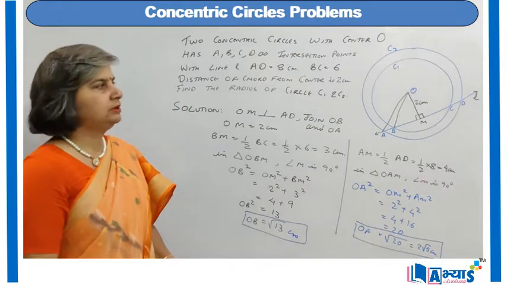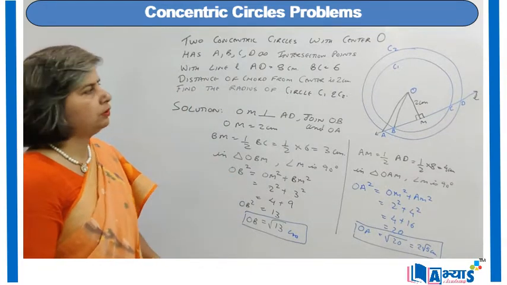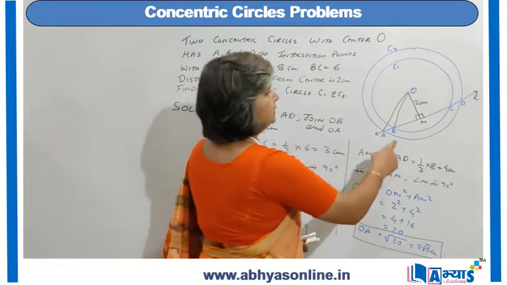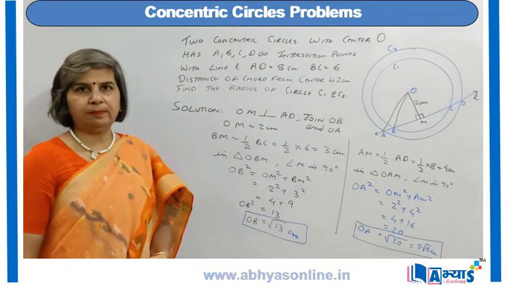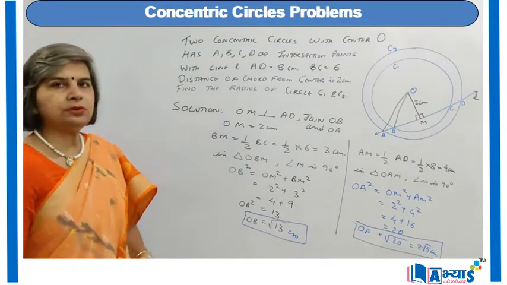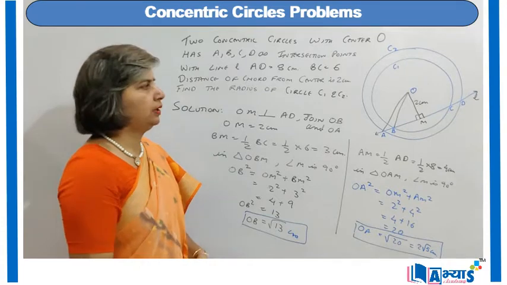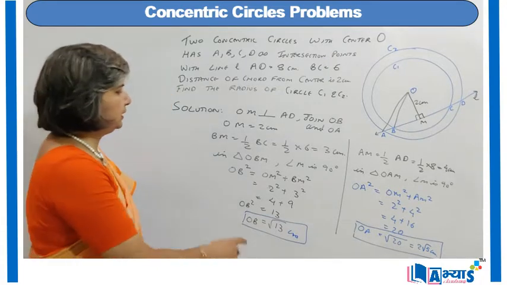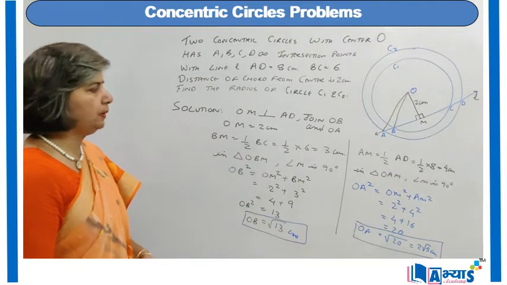Then we have used the concept of right angle triangle, because OM is perpendicular to the chord, so OMB is a right angle triangle, and we can apply the Pythagoras theorem, which states that the hypotenuse square is equal to the sum of the squares of the two sides. So OB square is equal to OM square plus BM square.